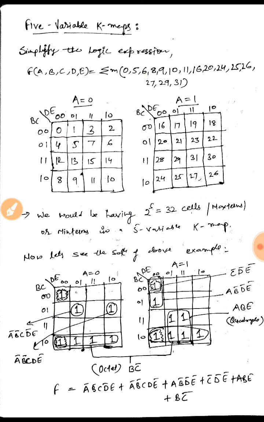If I have an octet of 8 cells, it will have 2 variables, as we have already seen in this case. So now there is one octet, then there is a quadruple, then we have a pair here, then I have one in this one and one in this one, so this would also make a pair.